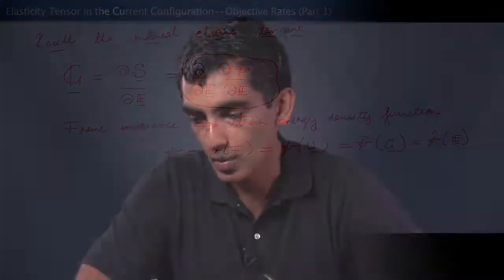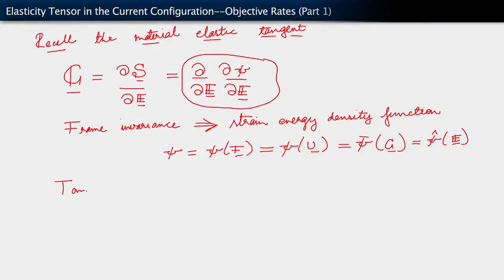Okay, so let's look a little more closely at what this object does for us. There's a reason why it's called an elastic tangent. Essentially, it gives us the tangent to the material response. Okay, so let me write that down. It gives us really the tangent to the material response, and maybe we want to even think about this as the material response curve, although I'm going to put curve in quotes.